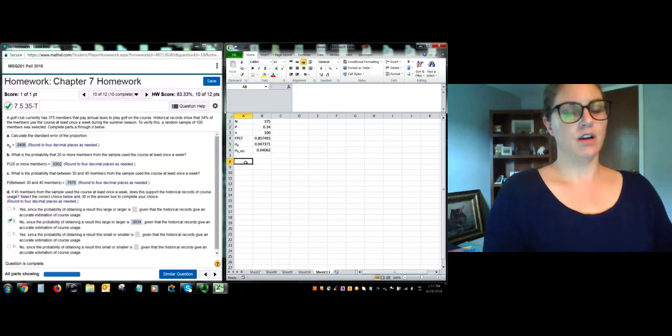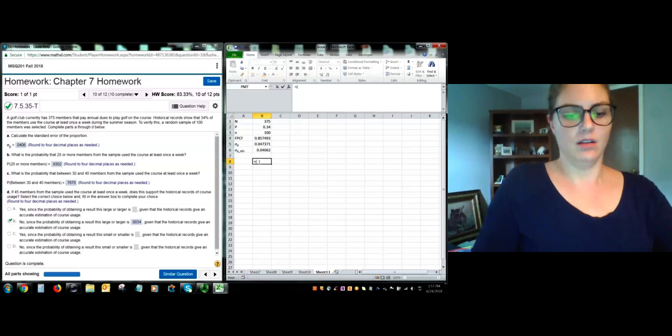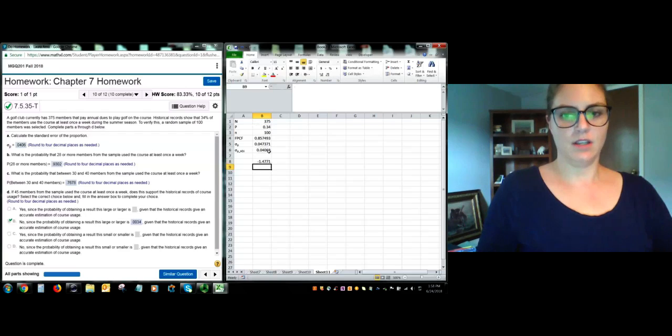Fortunately, the sample size here is 100, so we can find the z of 0.28 minus 0.34 divided by the adjusted standard error, and then find the probability that 28 or more members.